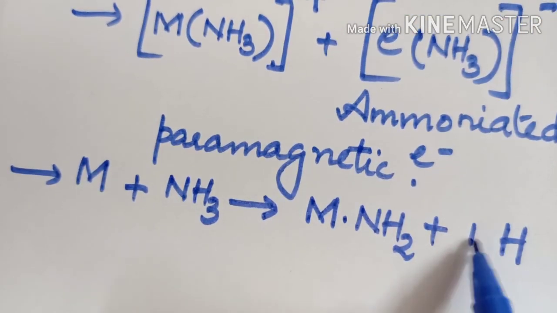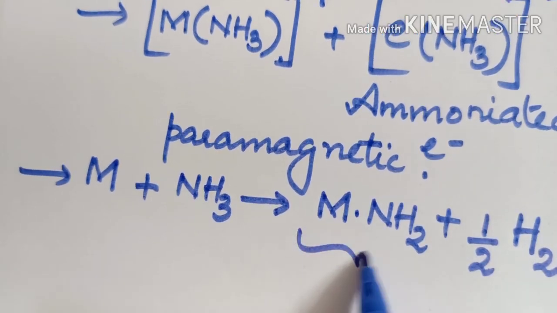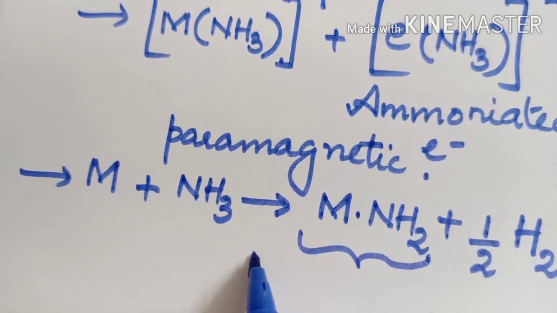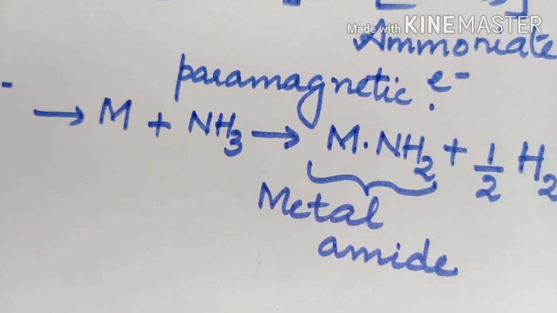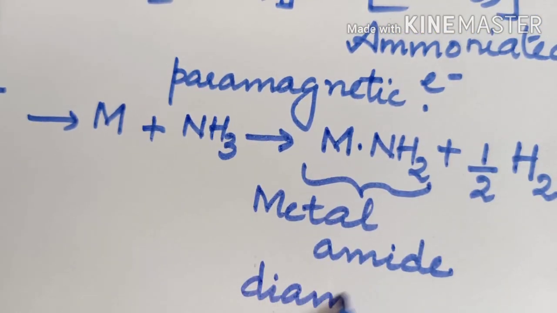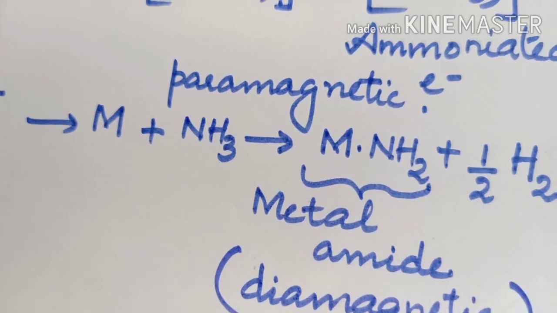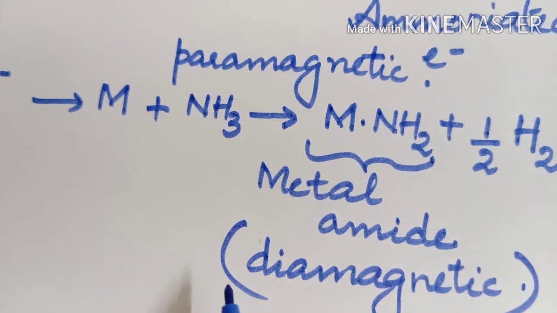So the compound that is formed is known as metal amide. This metal amide is found to be diamagnetic in nature. That is, it will be repelled away from the magnet and it will produce a deep bronze color.